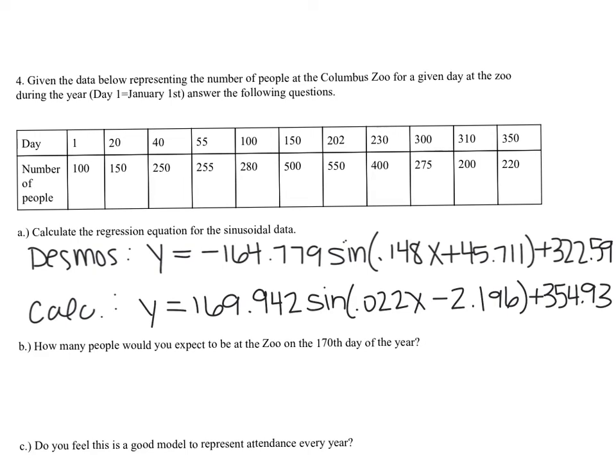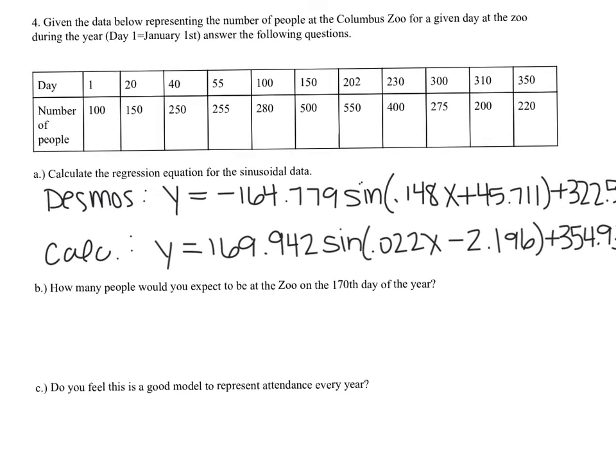And as I stated, these should match up a little bit more. Usually Desmos and your calculator are actually pretty similar in what equation you get, but for some reason this data does not match up as nicely when you use Desmos.